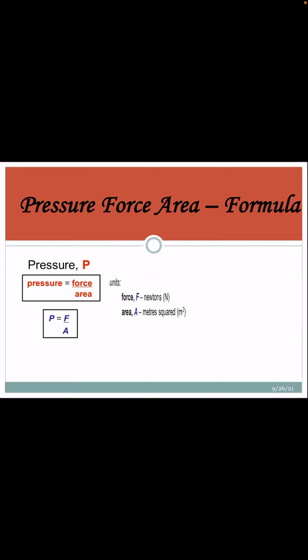The unit of force is newton and the unit of area is meter square. So pressure is F by A, which means its unit will be newton per meter square, and it is also known as pascals.